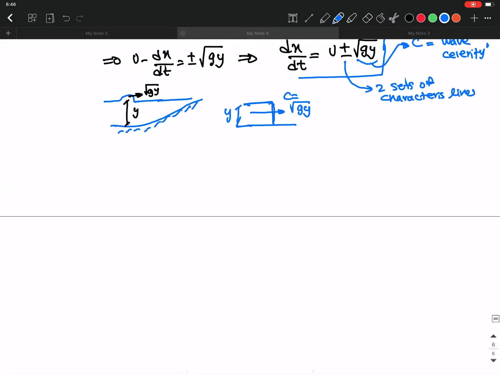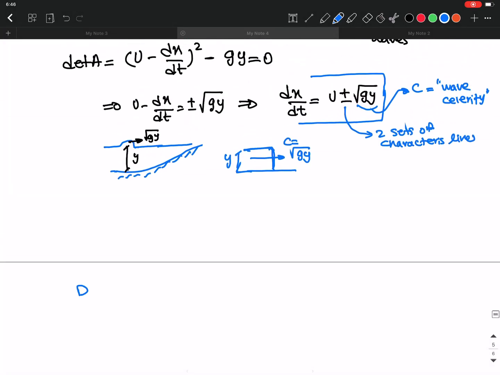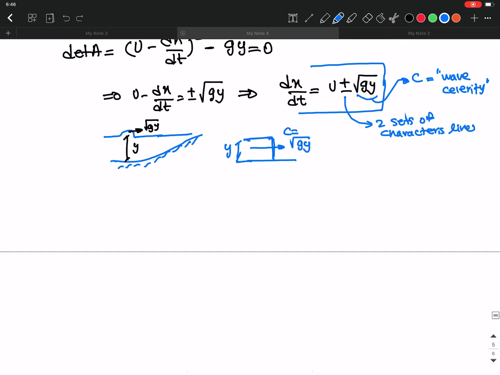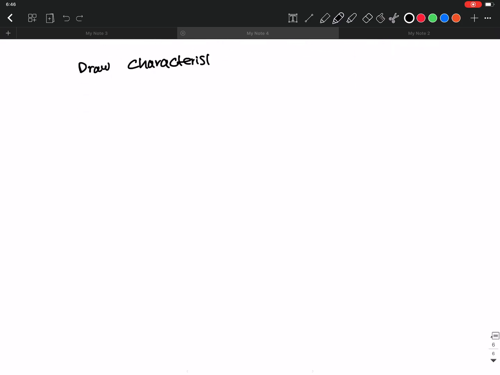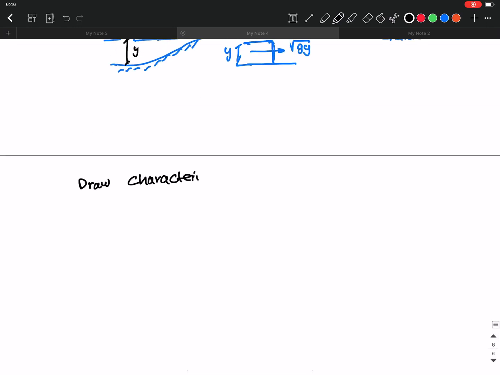And now I want to draw these characteristic curves. Okay. So we are going to have two cases.